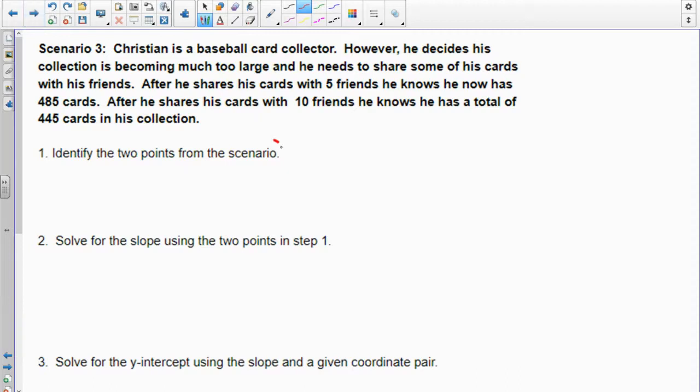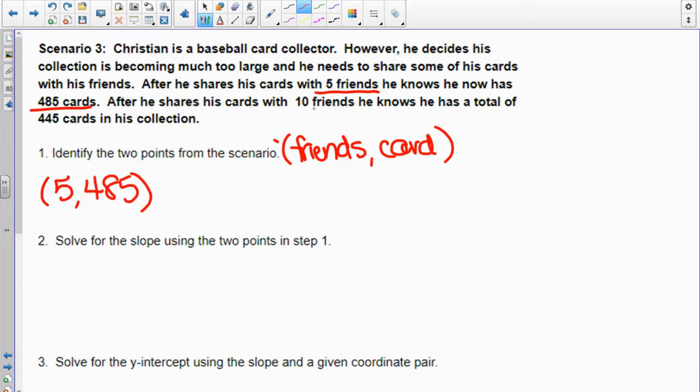So I hear in here the friends is first because that's independent. And then cards, what's left, is your dependent there. So the first thing I hear is 5 friends and 485 cards. And then I hear 10 friends and 445 cards.